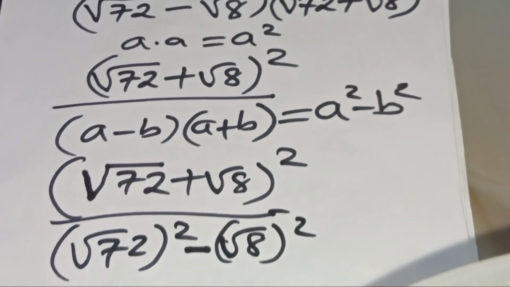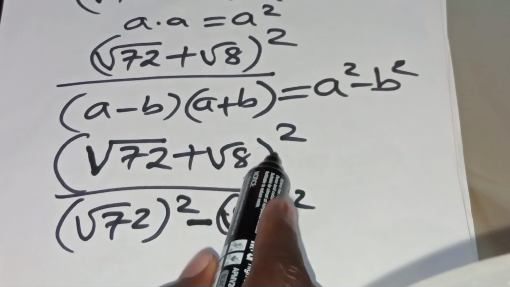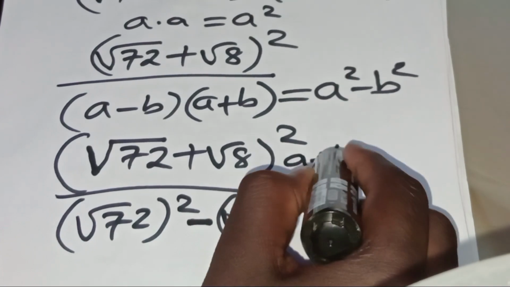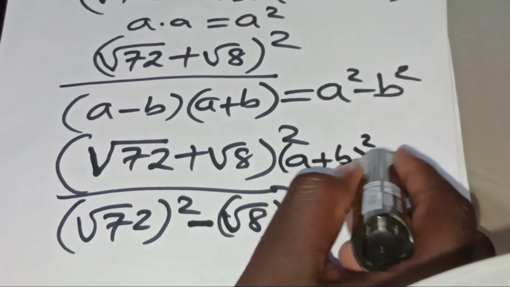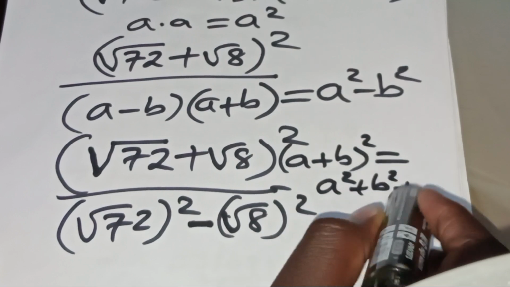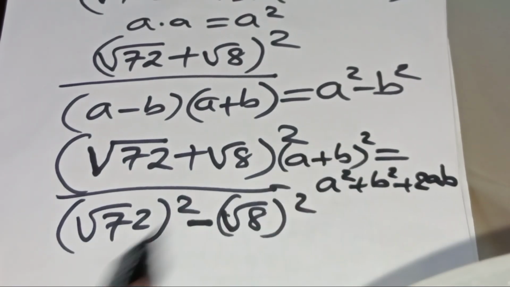As you can see, we have square root of 72 plus square root of 8 squared, which is in the form of a plus b squared, which we can express as a squared plus b squared plus 2ab. So let's apply this property.